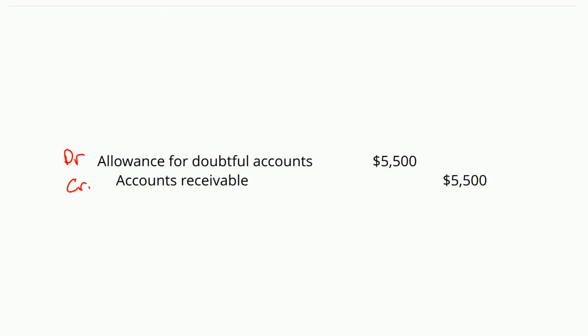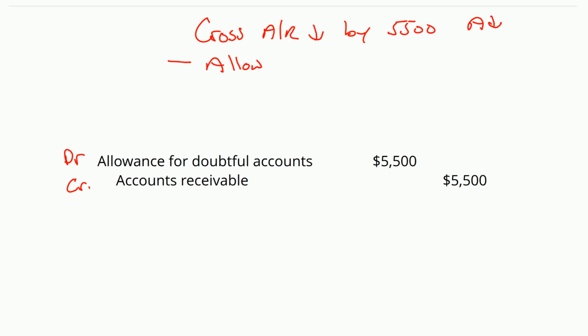What does this do to the net realizable value? Think about it. Gross accounts receivable, as we just said, goes down by $5,500. That makes your assets go down. We then subtract from that your allowance for uncollectibles, $5,500. Okay? That makes your asset go back up. These cancel each other out, right?